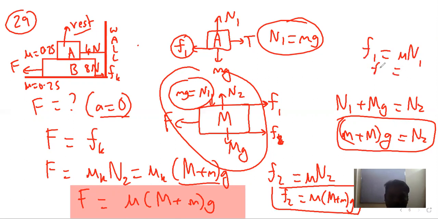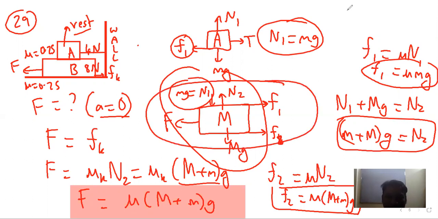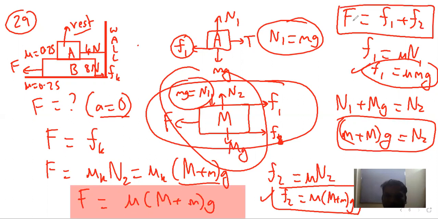So N1 value is nothing but mu into small m into g. So this is the value of F1. Now, if I want to find the value of capital F force, horizontal force balance gives F1 plus F2, which we just found. If we add these two, we'll get the value of capital F force on the block.